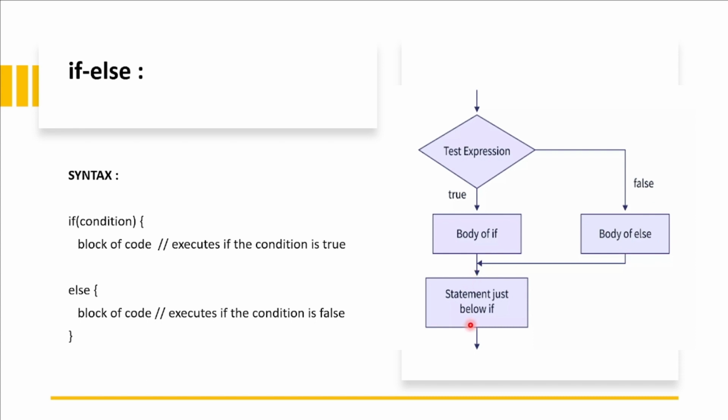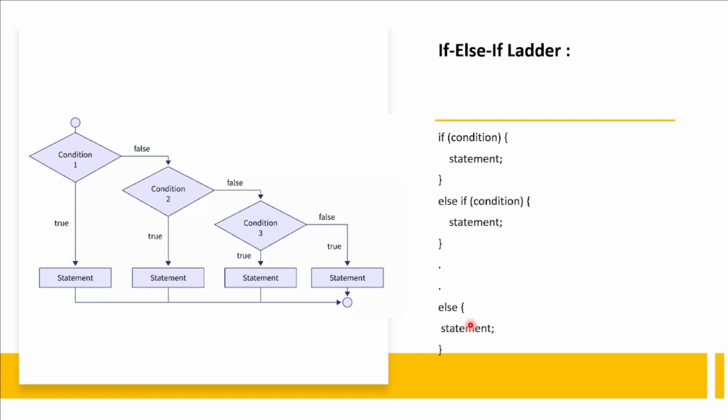Then we have the if-else-if ladder. The if-else-if ladder consists of multiple else-if statements. When the if condition evaluates as false, it will jump to the second statement, that is the else-if condition.